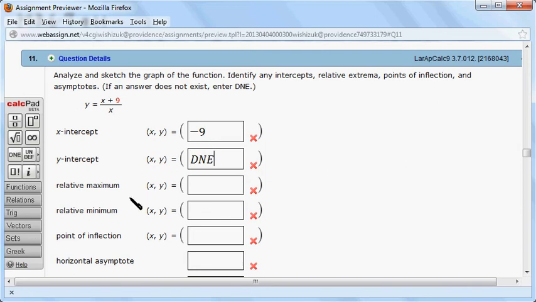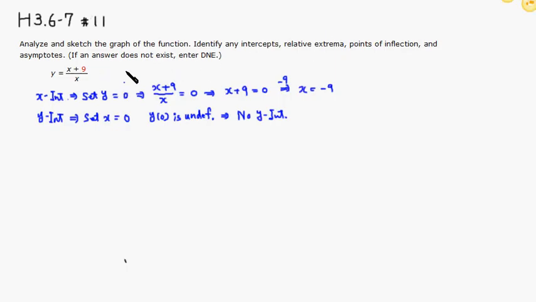Then relative max and relative min, so we're going to take the derivative. I'm going to rewrite it as 1 plus 9 over x, since x divided by x is going to be 1.